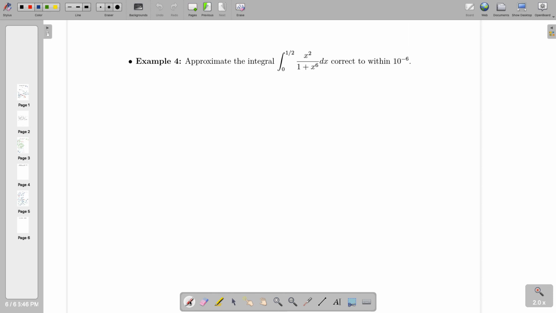So that's what we're going to try to do. We're going to say, what can we do with x squared over 1 plus x to the 6th? All right, so taking a look at what we've got here, what do we want to do, right? We want to continue to emulate this. So we want to make it in this form.